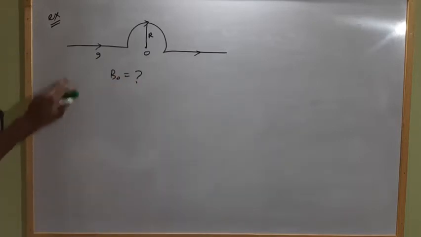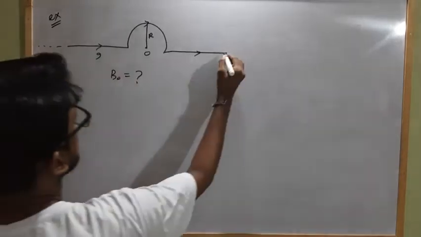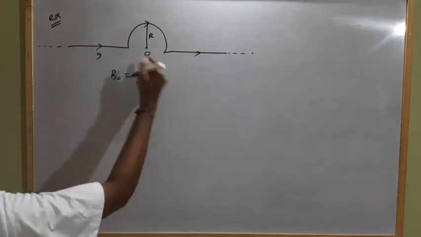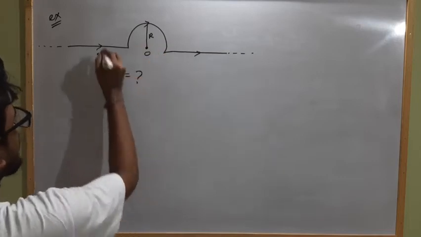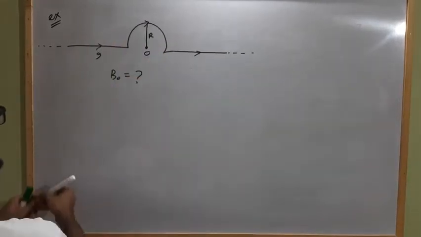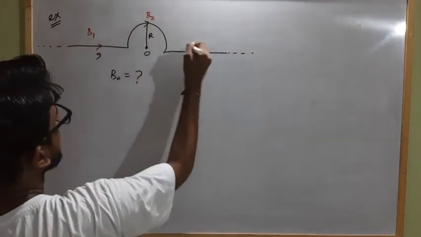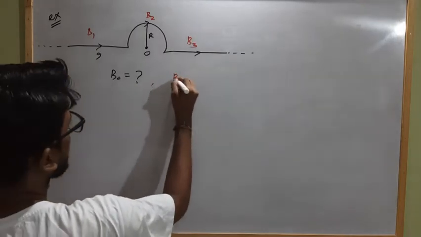As this is infinite, let this be an infinite, long straight current carrying conductor, and the point of observation O is along its length. Let the magnetic field strength due to this part be B1, due to this part B2, and due to this part B3. So B1 will be how much?